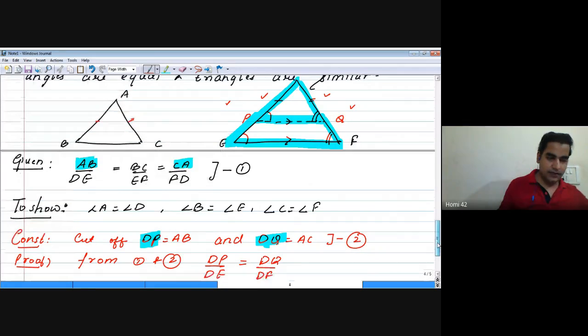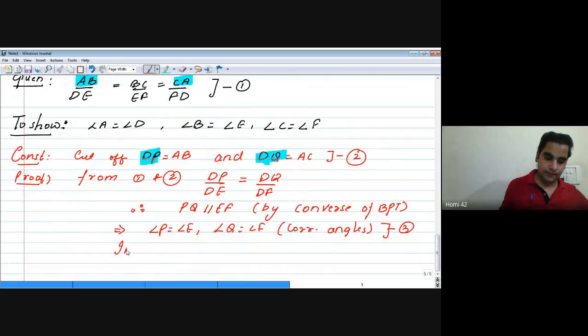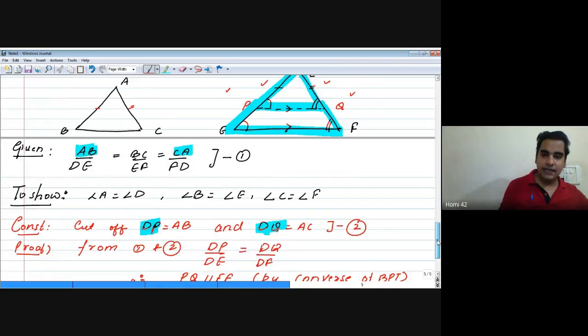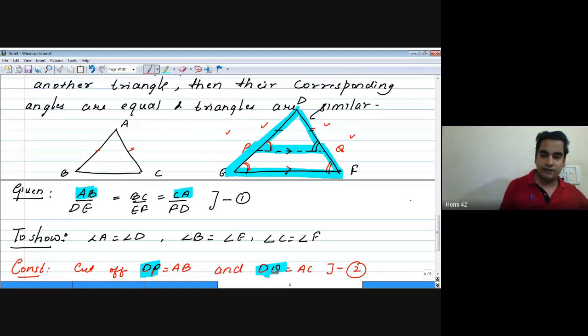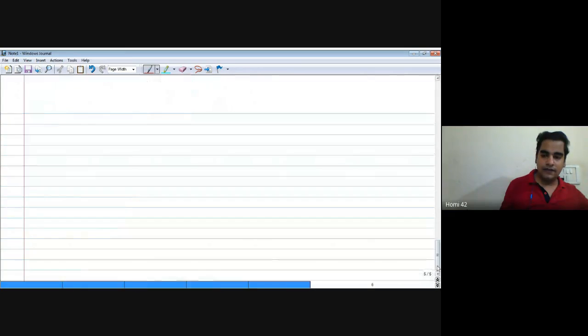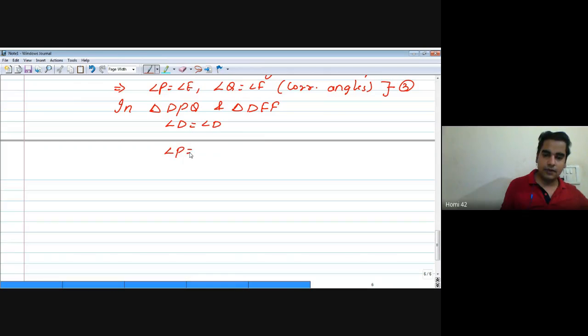So let's prove it. In triangle DPQ and triangle DEF, angle D is going to be common. Angle D is equal to angle D, that is common. The second thing is angle P is equal to angle E and angle Q is equal to angle F, that we proved earlier, from 3. So triangle DPQ is similar to triangle DEF by double A rule.